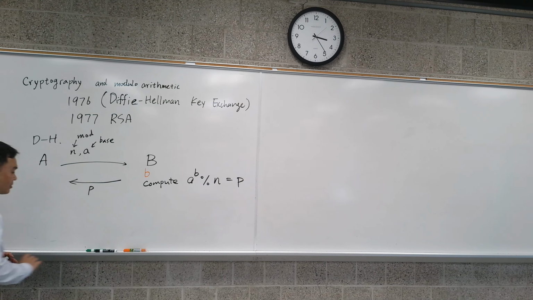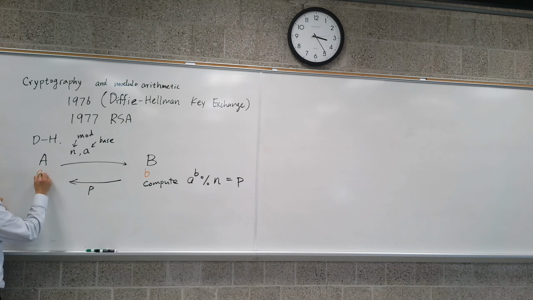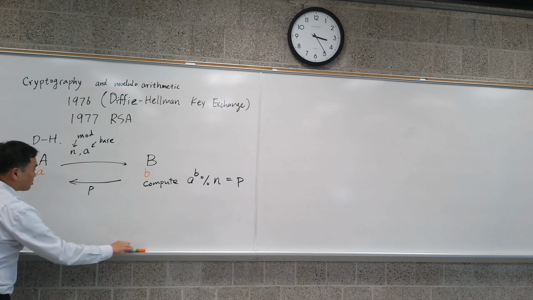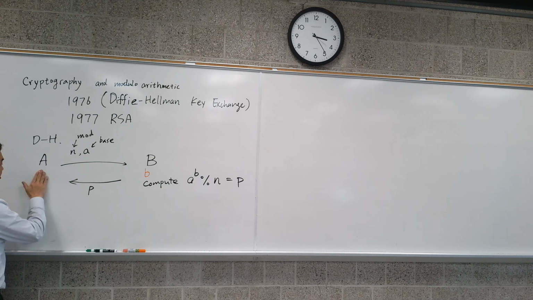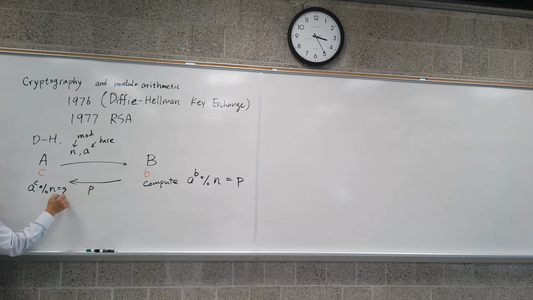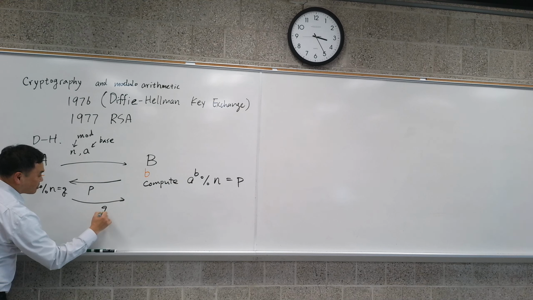And Alice has her own secret number. The A is used for this, so let's just say C. So secret number C. And Alice is going to send A to the Cth power, modded by N, and say that's Q, and then Q is going to be sent.